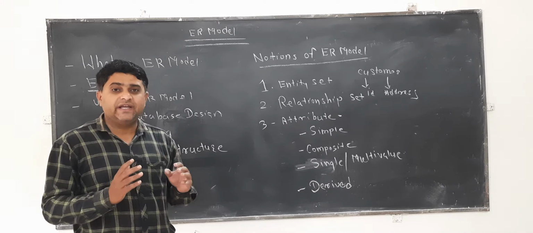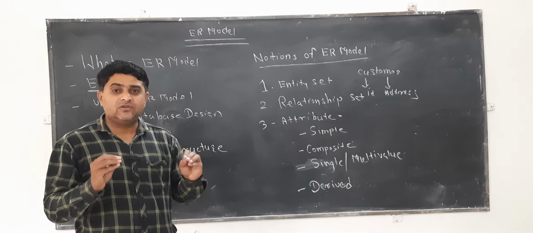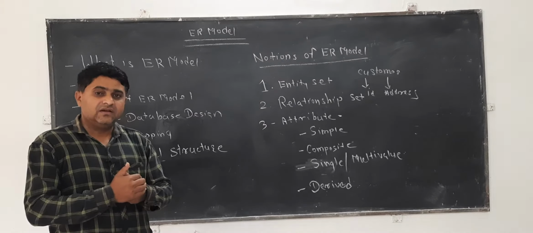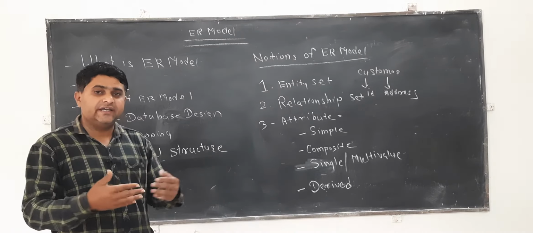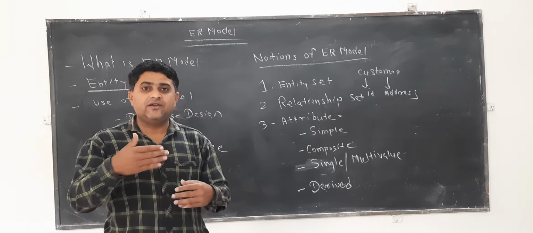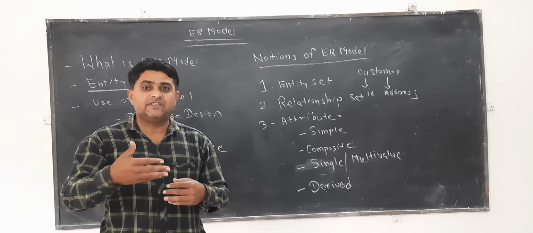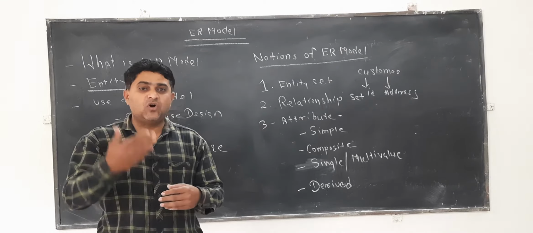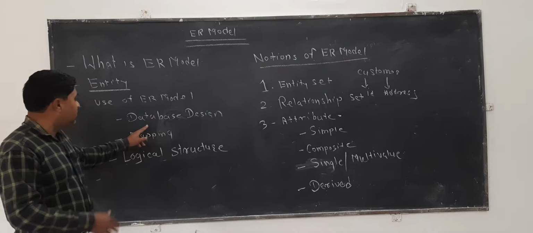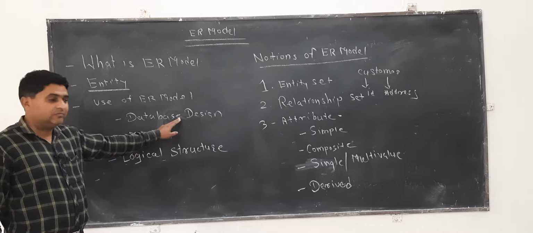So the ER model plays a very important role in database designing. For example, database designing of any organization, of Facebook, of the railway reservation system. It is very important.